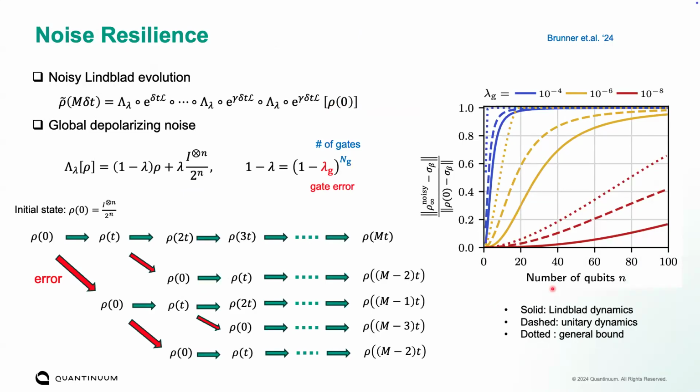So if we want to implement this Lindbladian using exactly the same setup, at the moment the two-qubit gate error is roughly 10 to the minus 3 to 10 to the minus 4. So it corresponds to blue, which looks very bad. Of course, we still have to do a lot of things. One obvious thing you can do is start with a better initial state.